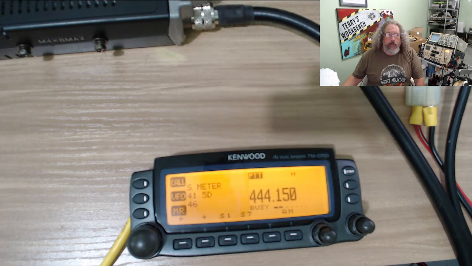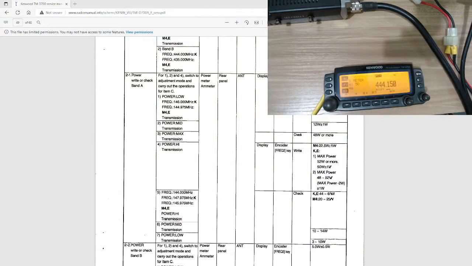So let's go through here, and we're going to go through the power setup. Let's go back down here to screen cap, and why not?